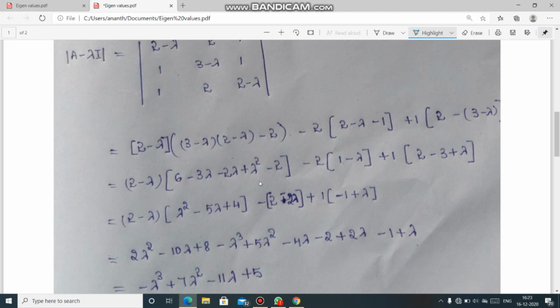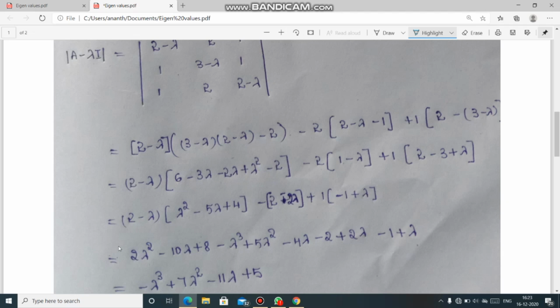This can be written in order as (2-λ)[λ² - 5λ + 6 - 2] - 2[2 - λ - 1], which is 4 - 2 - 2λ, plus 1 times (2 - 3 + λ), that is, -1 + λ.